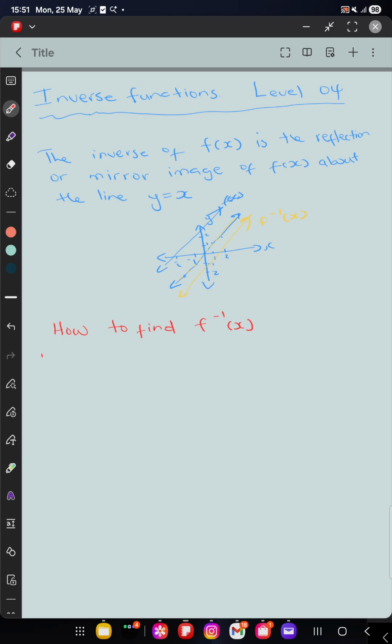Number one, swap x and y. Number two, make y the subject of the formula.